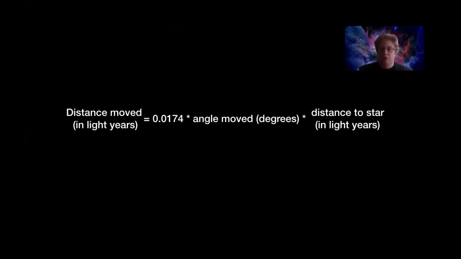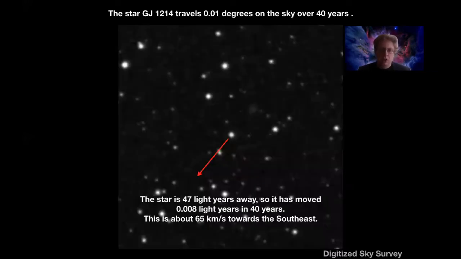And then we can divide that distance by the time it took for it to move that distance. If I plug in these numbers for GJ 1214, I find that the star is 47 light years away. It's traveled 0.01 degrees over 40 years. That all converts to moving about 0.008 light years over 40 years.